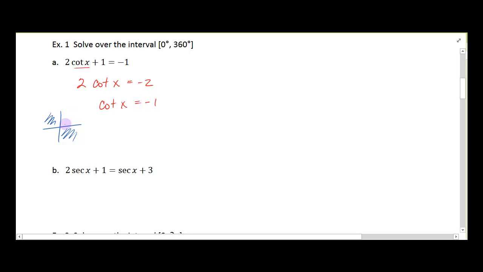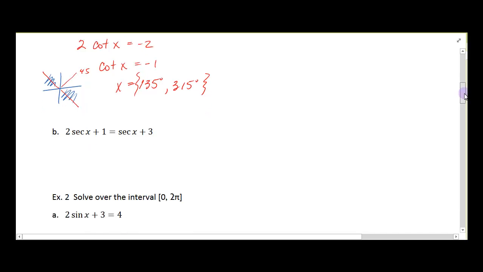If you remember your reference angles, that would be 45 degrees. The cotangent of 45 gives me positive 1. And since I'm looking for angles in quadrants 2 and 4, I must be looking for this angle over here, which would be at 135, and this angle down here, which would be at 315. So the solution would be 135 degrees, as well as 315. Okay, that's the solution on the interval between 0 and 360.